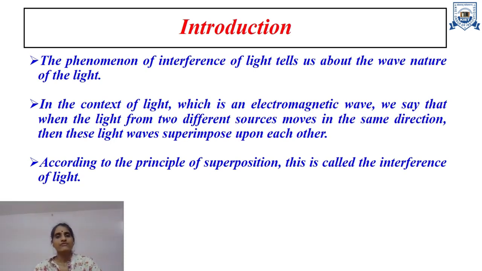So the phenomenon of interference tells us about the wave nature of light, which is an electromagnetic wave. We say that when light from two different sources moves in the same direction, these light waves superimpose upon each other, and according to the principle of superposition, this phenomenon we call interference of light.